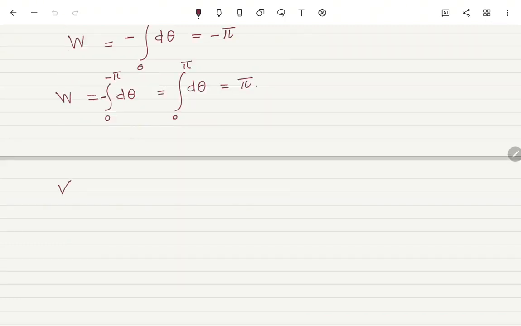Back to the del operator, this one. We mentioned that the del operator may apply on a scalar quantity, and this quantity is called gradient, like gradient phi. As another application for the del operator, when it applies on another vector with dot product, this quantity here is called divergence.